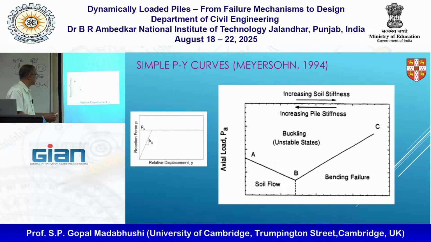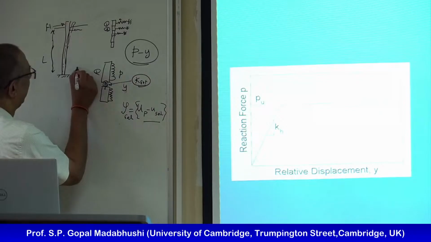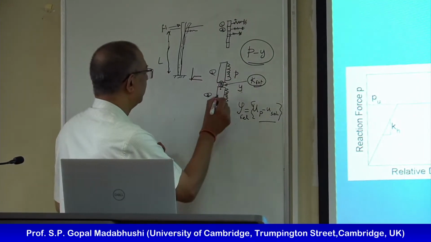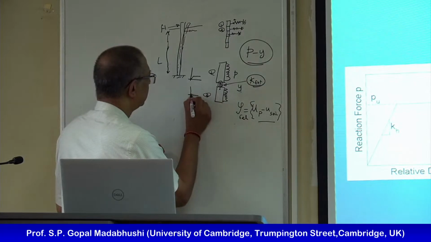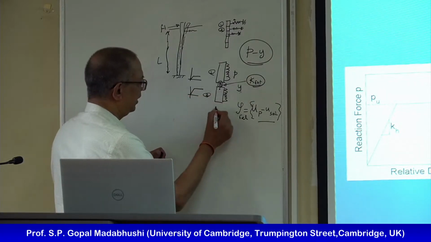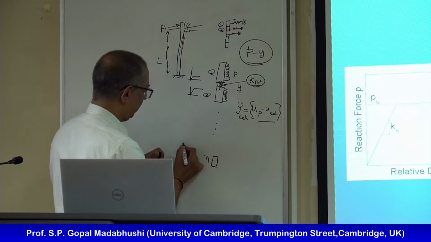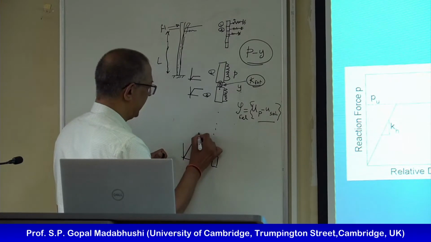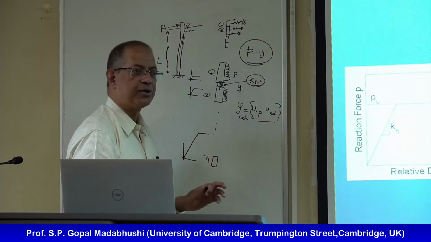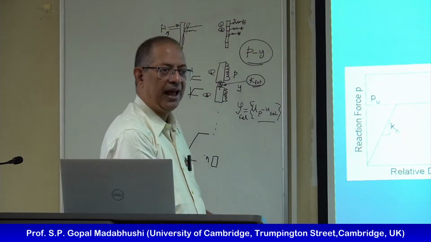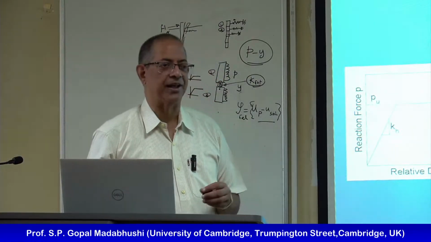Now what you can do is say, for element number 1, I have that. Element 2, slightly bigger. So the nth element here will have quite a big force like that. So the PY curves we can change depending on depth, and then it gets quite realistic.